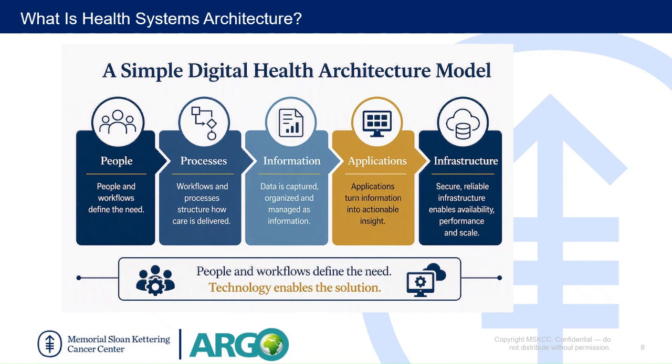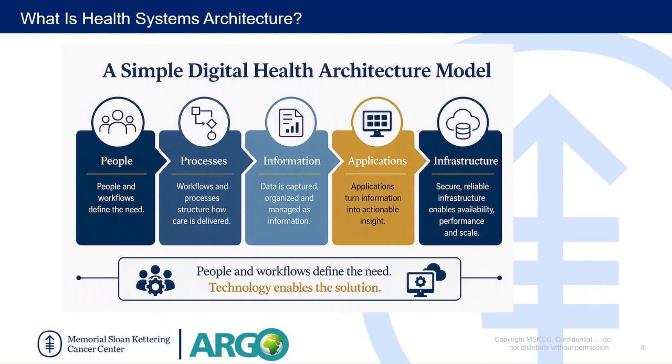We begin by understanding the healthcare problem first, and then we systematically walk through each layer until we identify the technology that best supports our desired outcome. So we identify what the problem is, and then you almost reverse engineer those steps to arrive at the most optimal solution to your problem.